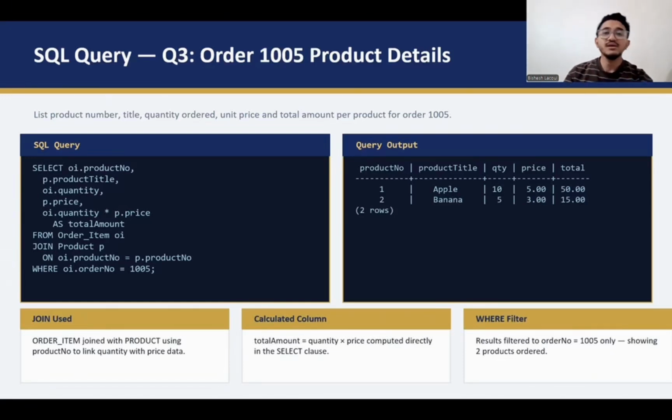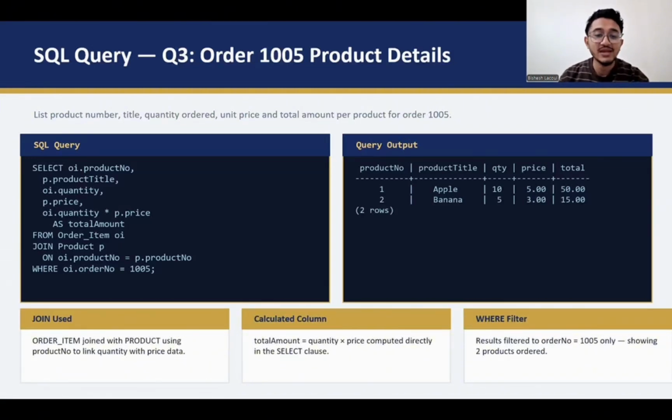So to solve this, I wrote a select query that pulls data from two tables, that is the order item and product. I used a join to connect them using the product number column, which exists in both tables. The where clause filters the results to only show order number 1005.